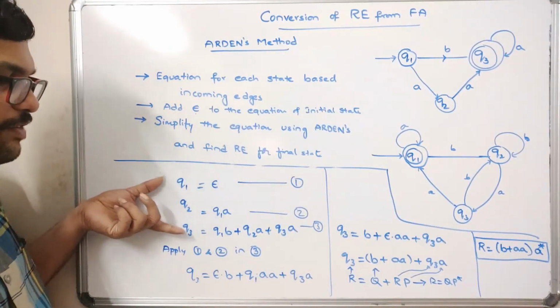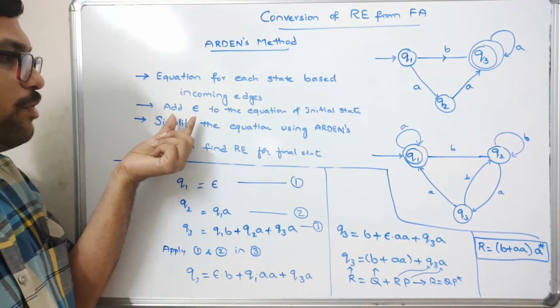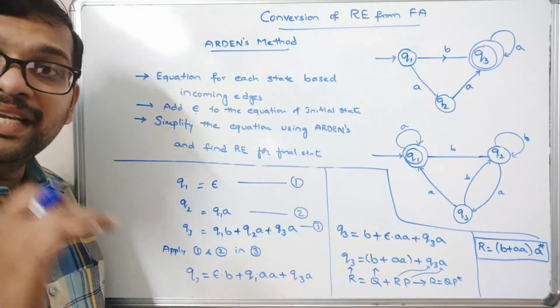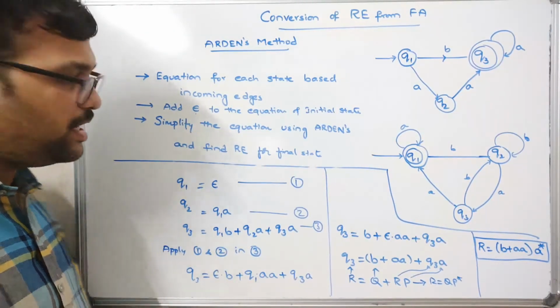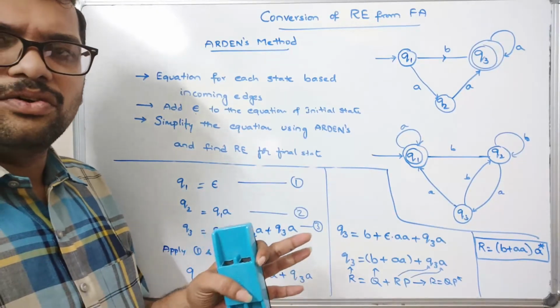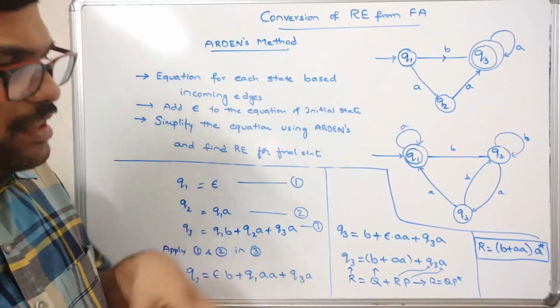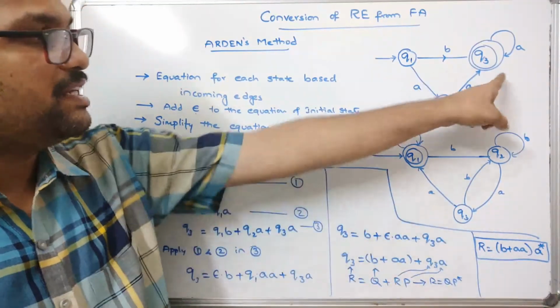First we need to write the equations for every state based upon the incoming edges. Second, add epsilon to the equation of the initial state. And finally, we have to simplify the equations by substituting one in another, and get the final regular expression for the final state itself.